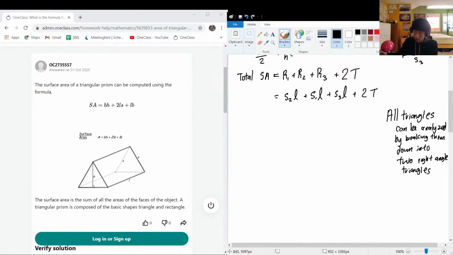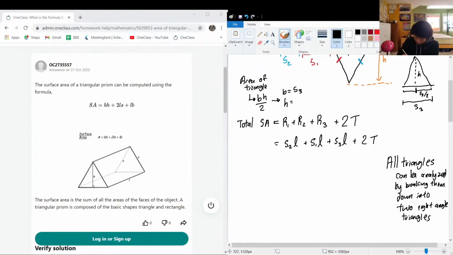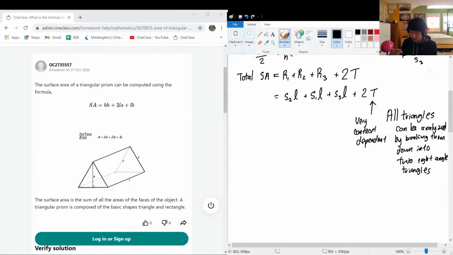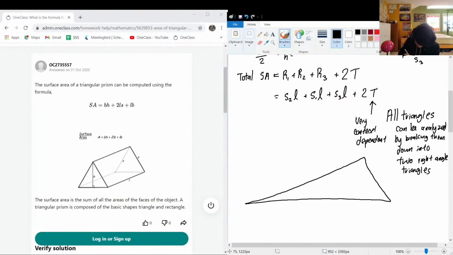Okay, so this will be very context dependent. And what I mean by all triangles can be broken down into two right angle triangles is, even if we have a triangle that looks as crazy as this, you know, that's a right angle triangle.